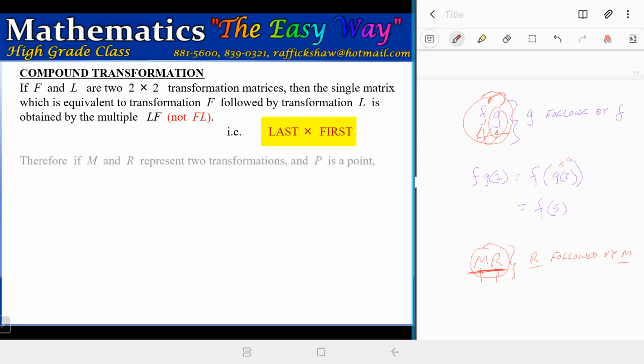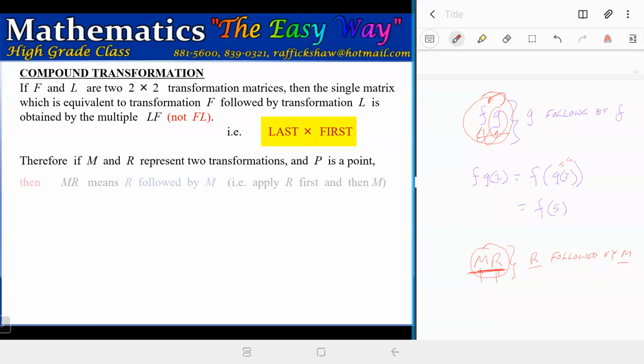That's it. Therefore, if M and R represent two transformation matrices and P is a point, so M is like a reflection and R is like a rotation, and P is like a point, and we're going to do the transformation. These are some of the functions you have to get familiar with.